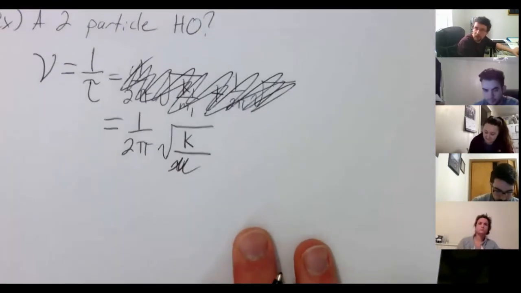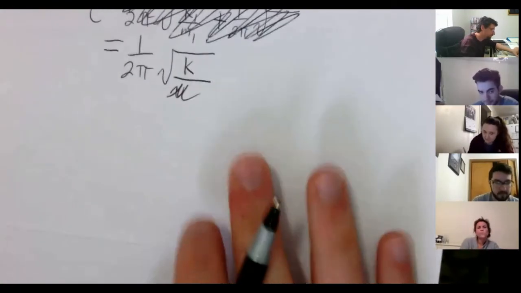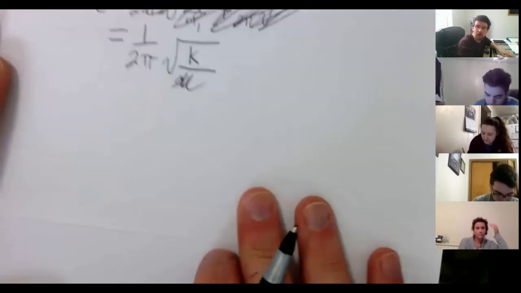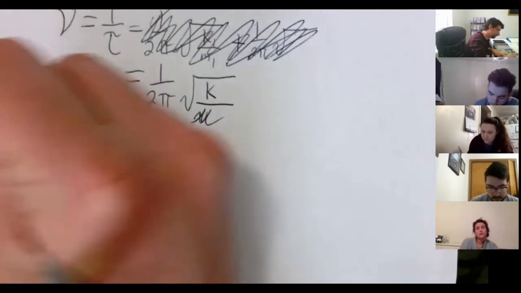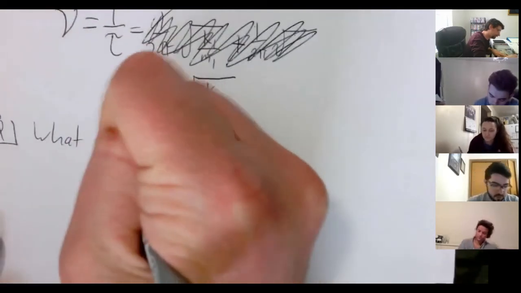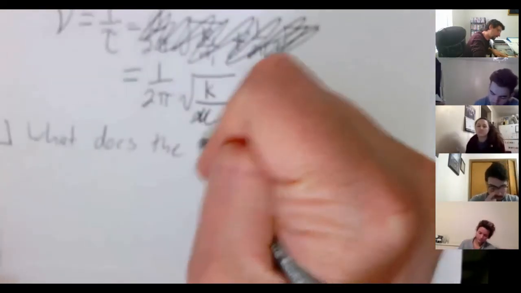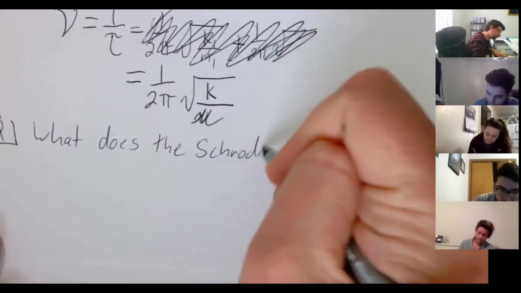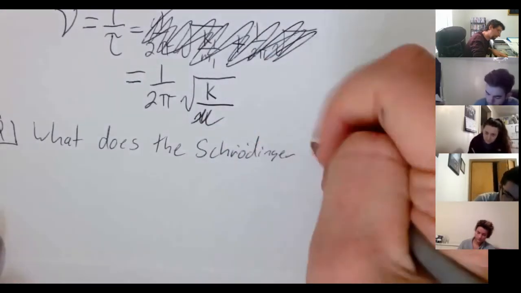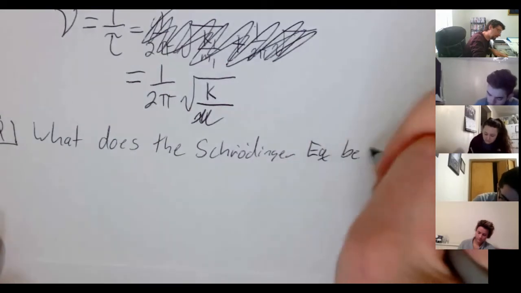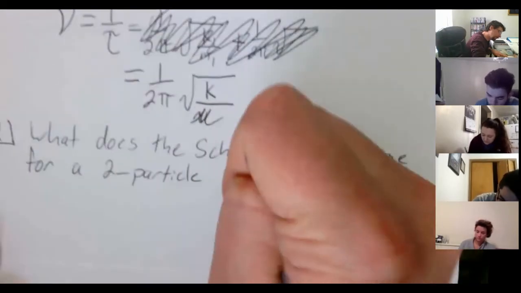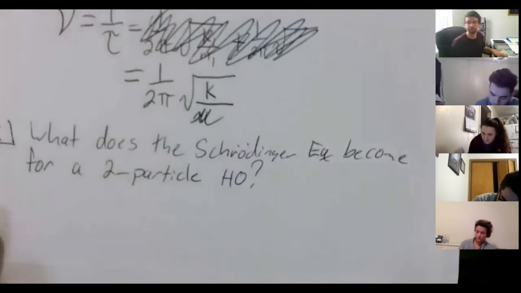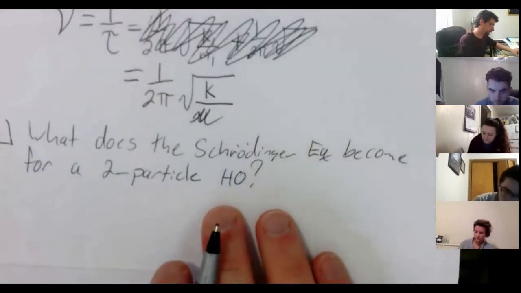Now we're going to ask one more question. What does the Schrodinger equation look like for a two particle harmonic oscillator?